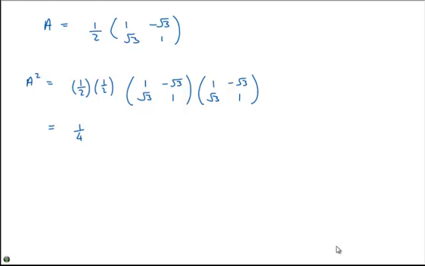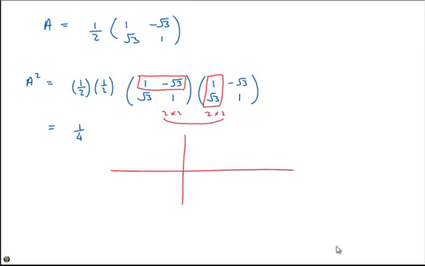Well, the first thing you should do is remember it's a row by a column. The next thing is that it's a 2 by 2 times a 2 by 2, so the resultant matrix is a 2 by 2. And when I'm doing them, and I want to make sure I get them right, I give myself plenty of space.